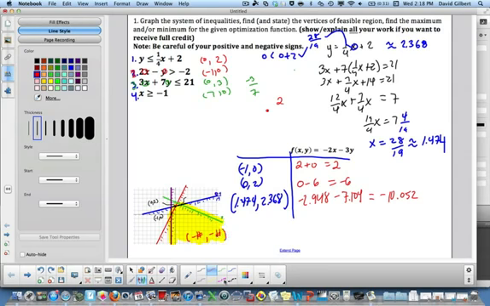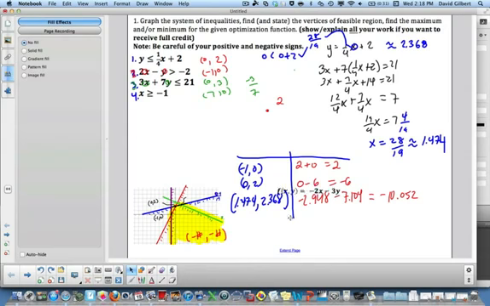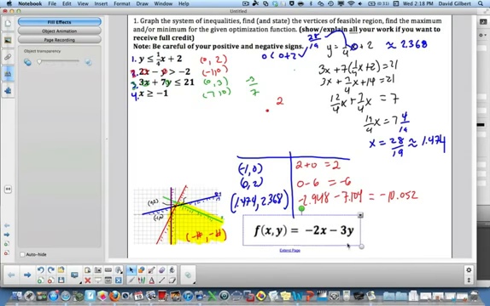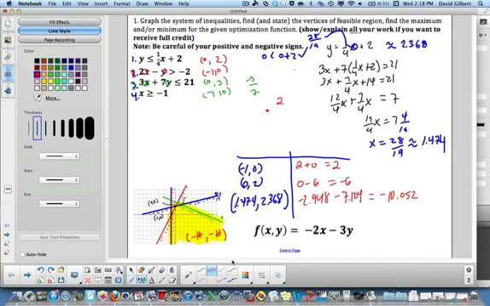If I plug them into this function here, a negative number times another negative number is going to be a positive number for this part. Negative 3 times a negative number is going to give me a positive number. If I add 2 positive numbers, I'm going to get an even bigger positive number.